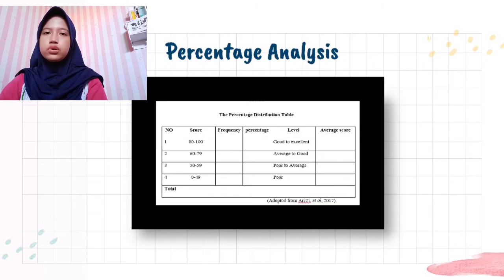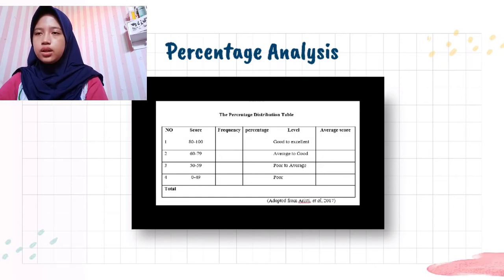The researcher will use SPSS, or Statistical Product for Social Science, and after the data is analyzed using SPSS, the result will be seen through the percentage distribution table.